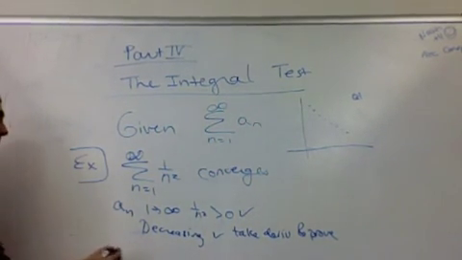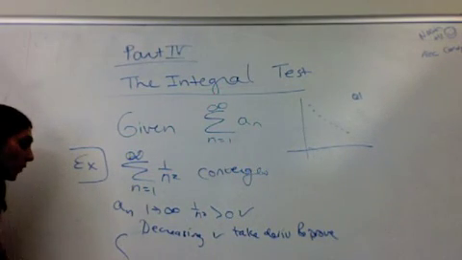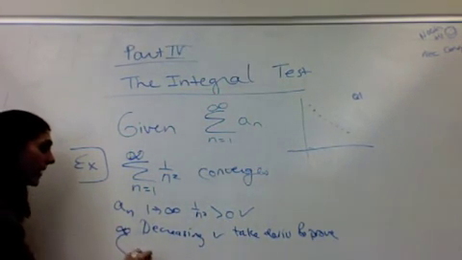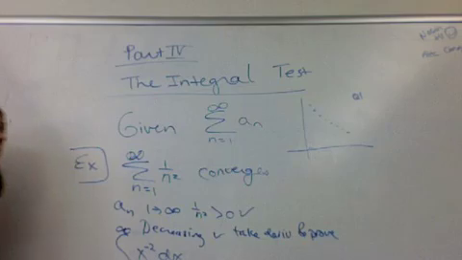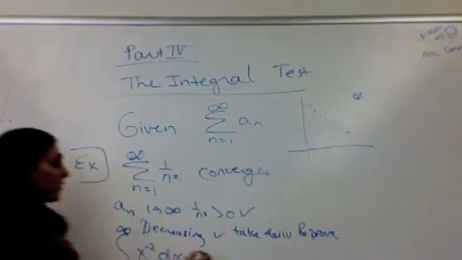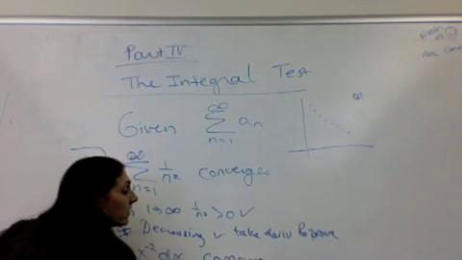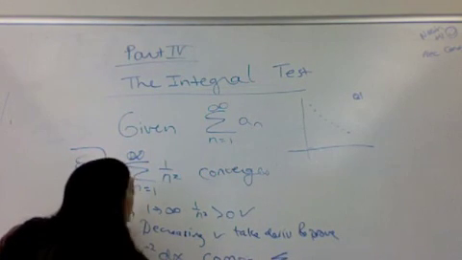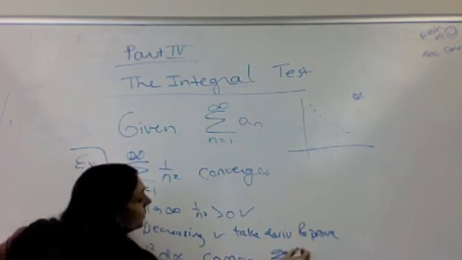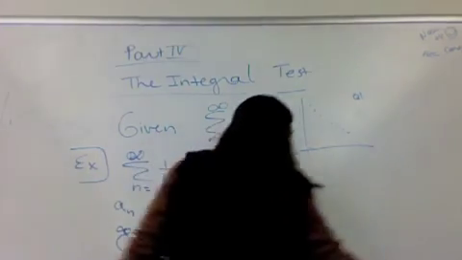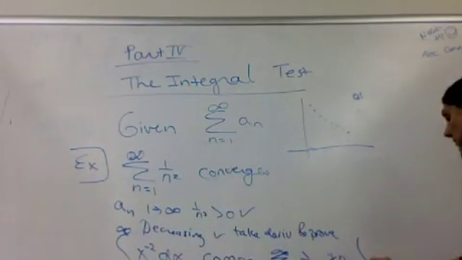So we're good. And now, what I'm going to do is say, well, what happens with the integral from 1 to infinity of x to the negative 2 power? Because I'm going to compare it. So I'm comparing a series, a summation, to an integral, right?